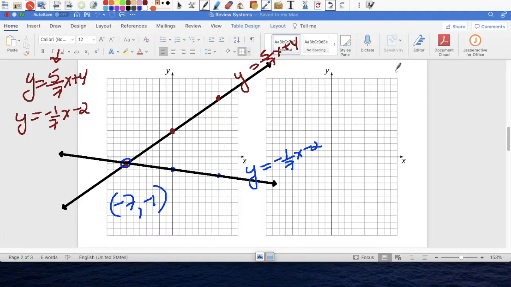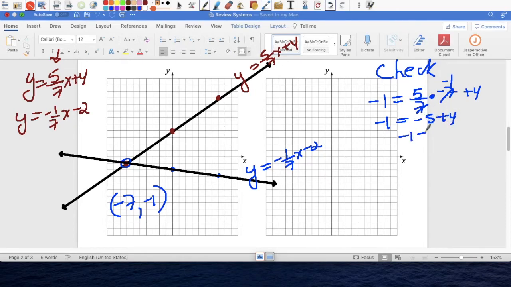Let me check. So go to equation 1, substitute. Let's do the first one. y, which is negative 1, equals 5 over 7 times x, which is negative 7, plus 4. The 7s cross away, I have negative 5 plus 4, and negative 1 equals negative 1. So it worked for the first equation.